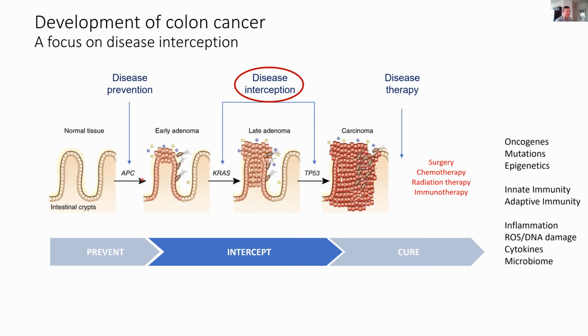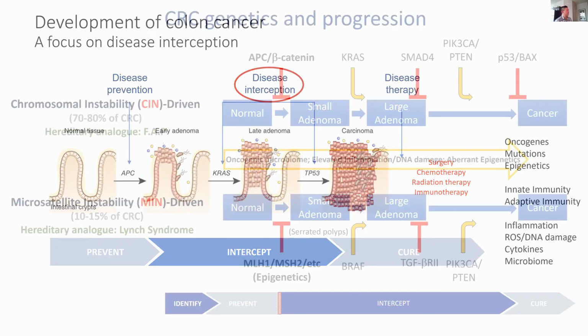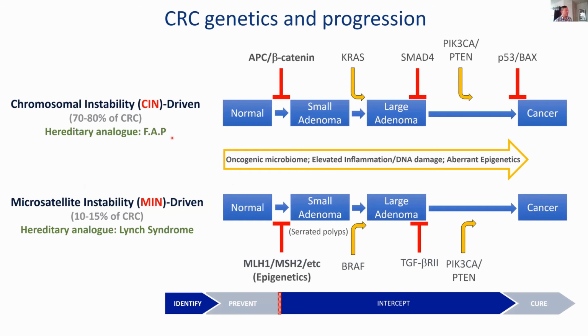And speaking of the other thing, the two paradigms that we're looking at, I think I'll show it. Obviously there are multiple different ways to get to a colon cancer. It shouldn't be thought of as a single disease, but 50 different diseases and many different subtypes.